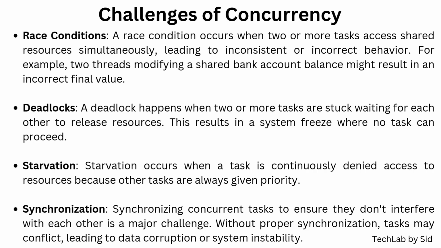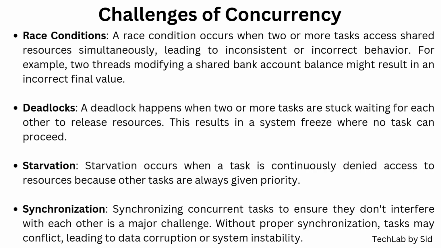While concurrency offers significant benefits, it also presents several challenges that need careful management to avoid system errors and inefficiencies. One of the most common issues is race conditions. A race condition occurs when two or more tasks access shared resources simultaneously, which can lead to inconsistent or incorrect behavior.